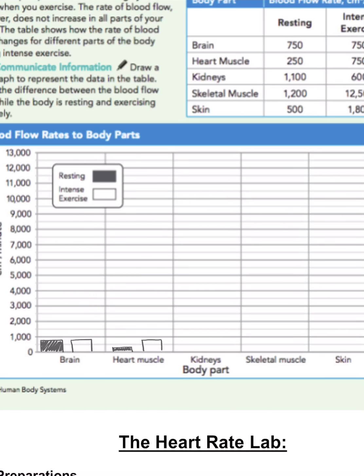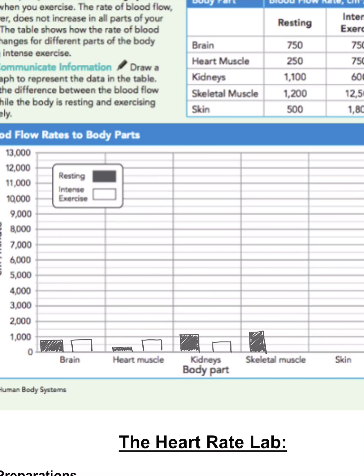If this line is 1,000, I'm going to go just a little bit higher than that and make a bar. The next one is 600, so a little bit higher than the halfway mark. Skeletal muscle is 1,200, so a little bit higher than where I just drew the bar for the kidneys. Got a little crooked there, but I guess you get my meaning.